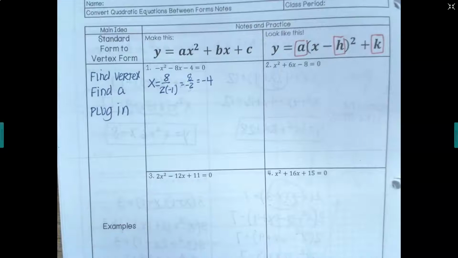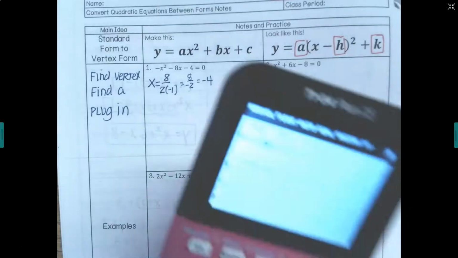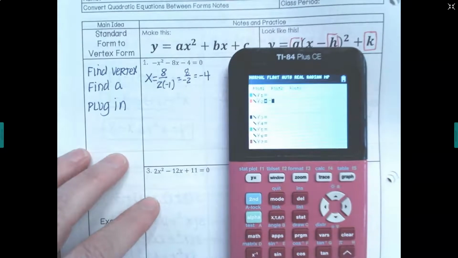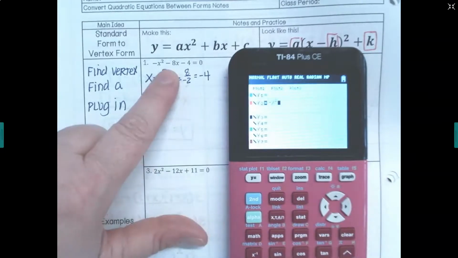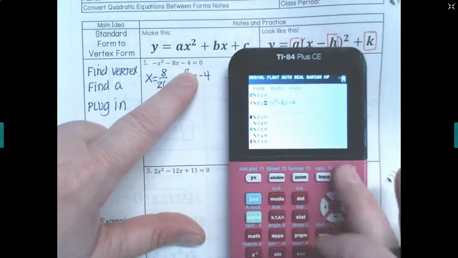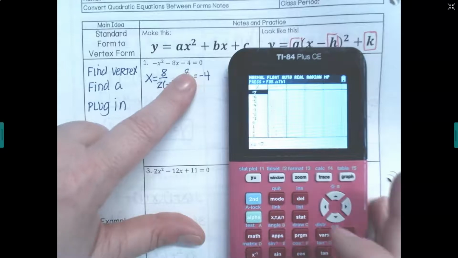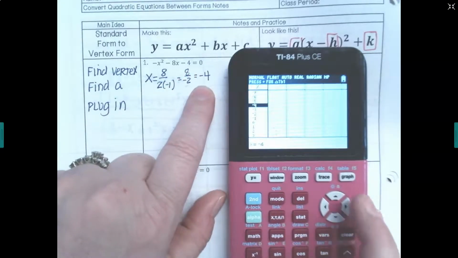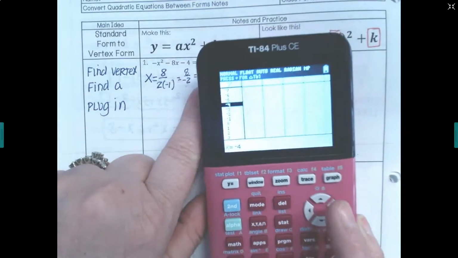Okay, now you can put this into your calculator if that's the way you like to do this. We'll go into y equals, and I'm going to put negative x squared minus 8x minus 4, and I'm going to look at the table of values for it. And I said my x value was negative 4, so if I go to where x is negative 4, it's a little hard to see.